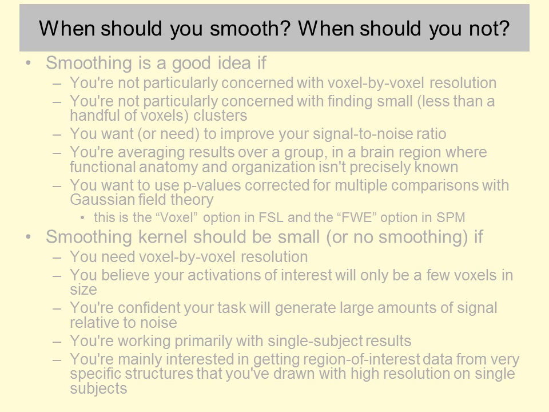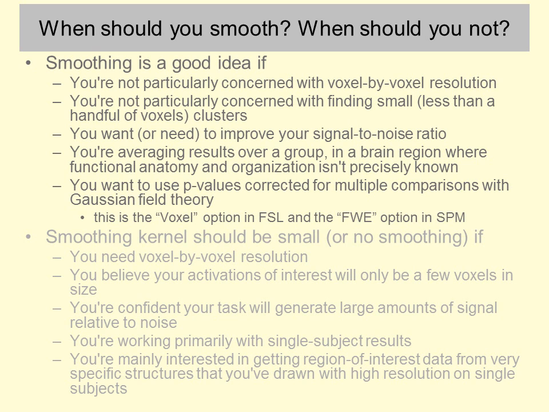However, sometimes people don't smooth their data. So let's think about when it's a good idea and when it's not. It's generally a good idea if you don't care much about voxel by voxel resolution, because doing smoothing does lose you some of your original spatial resolution.